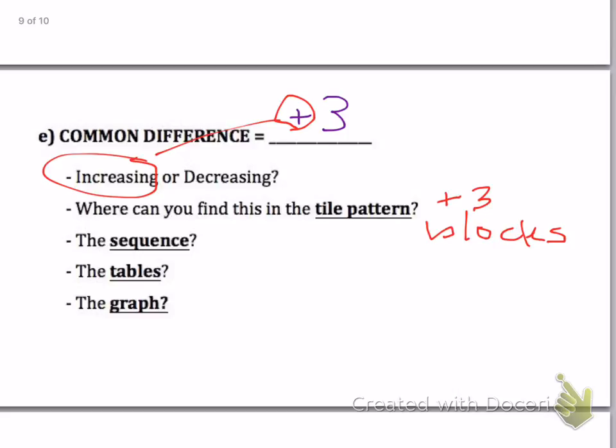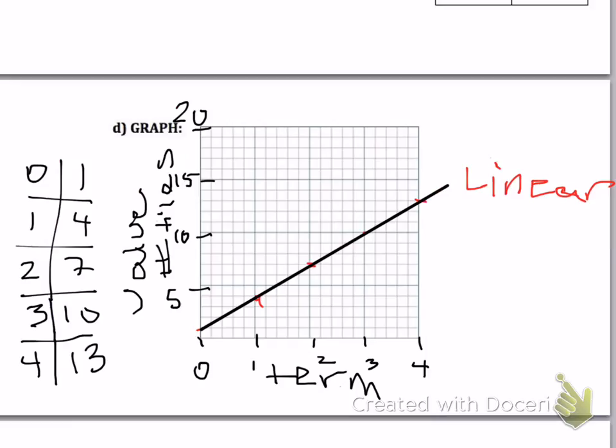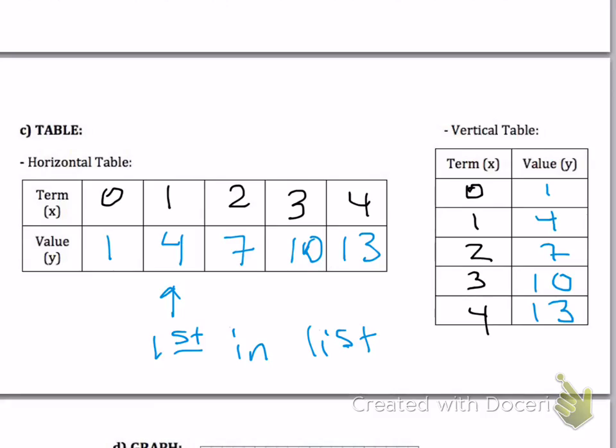Okay. And then in the sequence, which was the list of values, we also had where we could go plus 3, plus 3. And then in the tables, I'm going to take you back to the tables to show you that one, because it's really important that you be able to do that in the table. So let's choose red here.